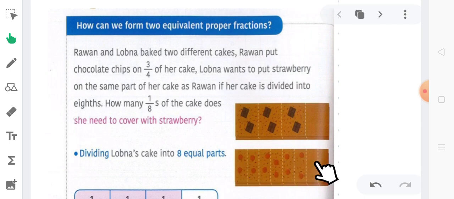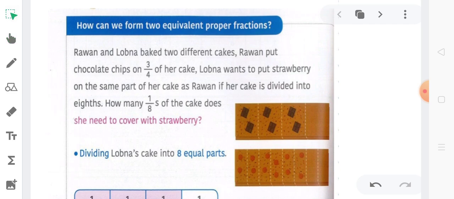Look here, it's divided into eighths. So my question is, how many eighths are equivalent to 3/4? Okay, let's see here. 1, 2, 3, 4, 5, 6. 6/8 is equivalent to 3/4.